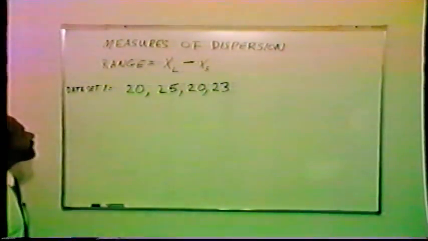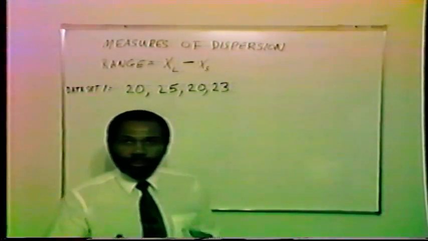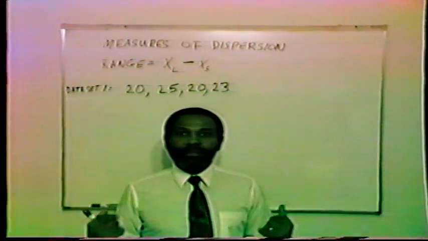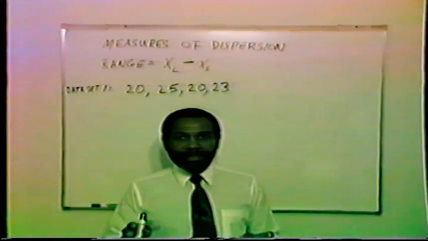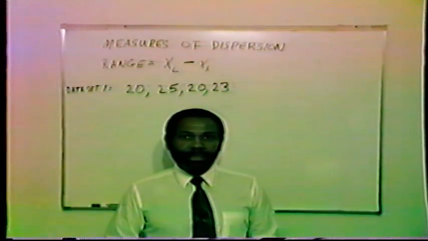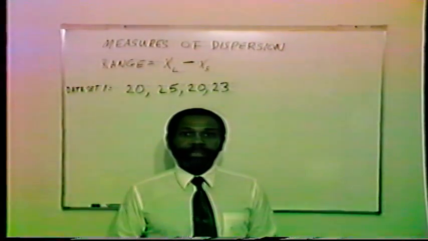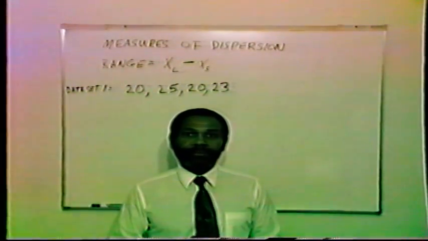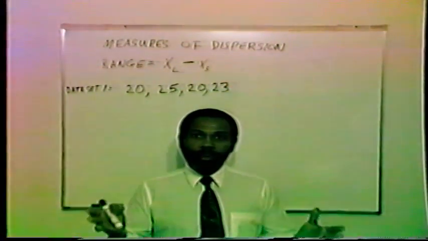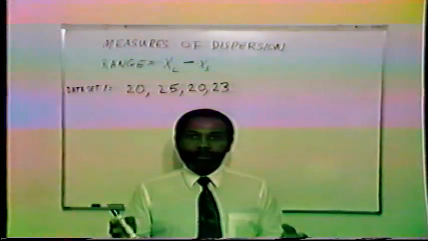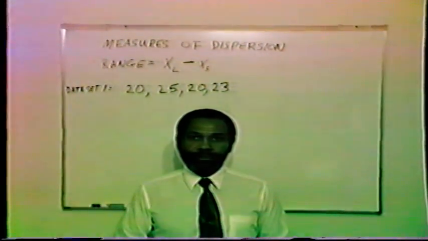And we want to find the range of the data set. We want to determine how spread out these numbers are, or how spread out the experiments were in terms of producing grams of sodium chloride. So of course, one way of determining how spread out these numbers are is to find the range.